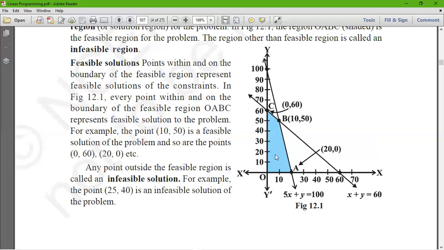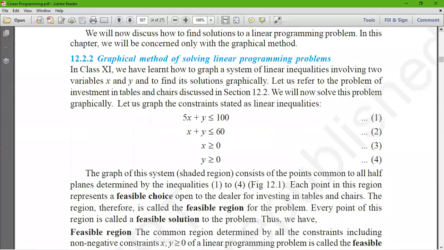Now check any other point, let's say 5, 5. 5 into 5 plus 5 is also not greater than or equal to 100. Therefore, the condition is 5x plus y less than or equal to 100.